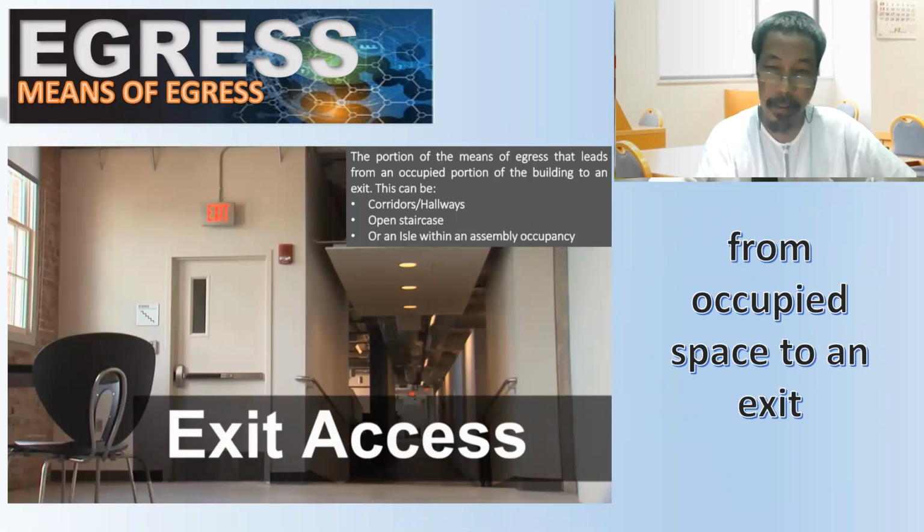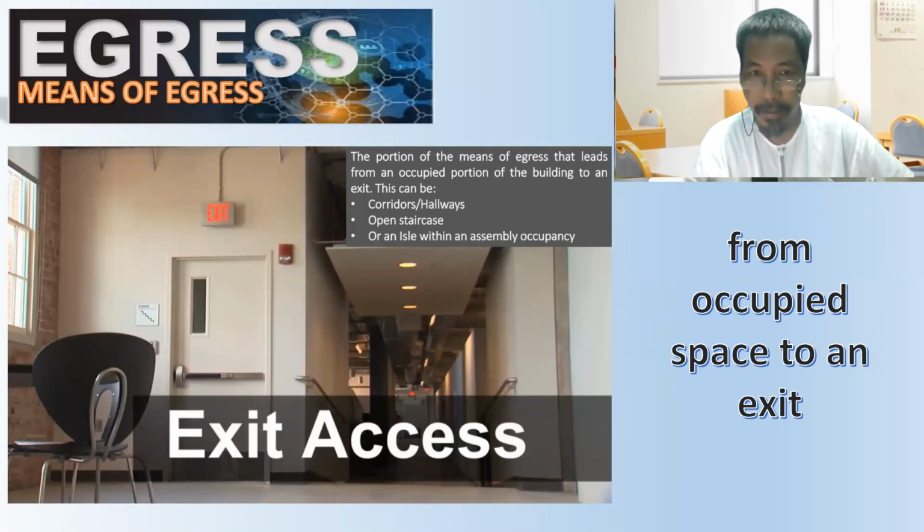Again, there are certain terminologies that we need to understand. Exit. What do we mean by exit? So let us first talk about exit access. What do we mean by exit access?